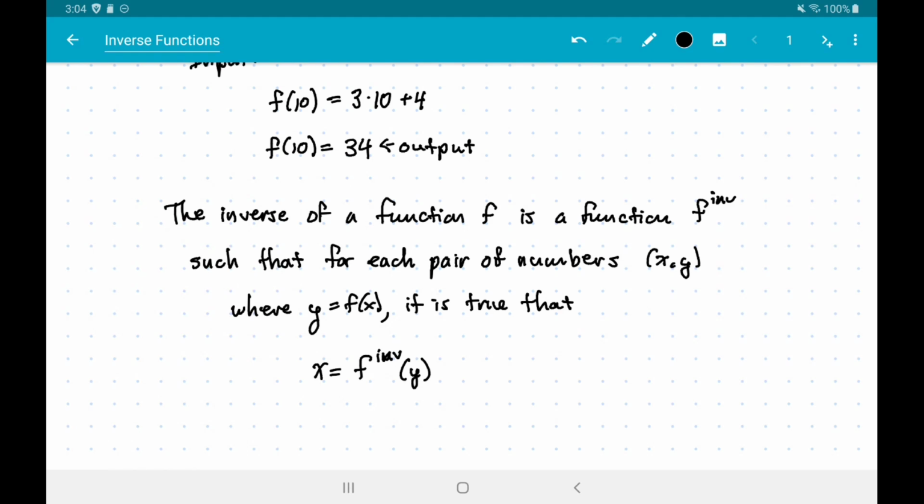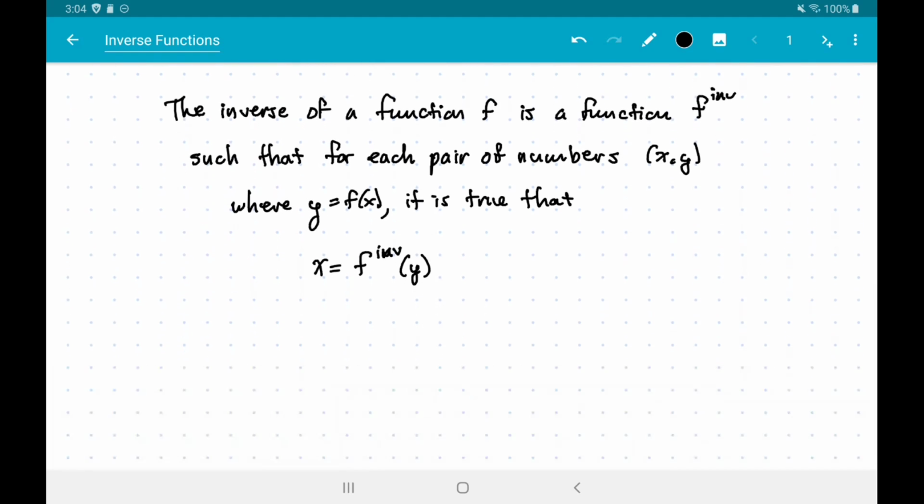So what that means is that f undoes f inverse, and f inverse undoes f.